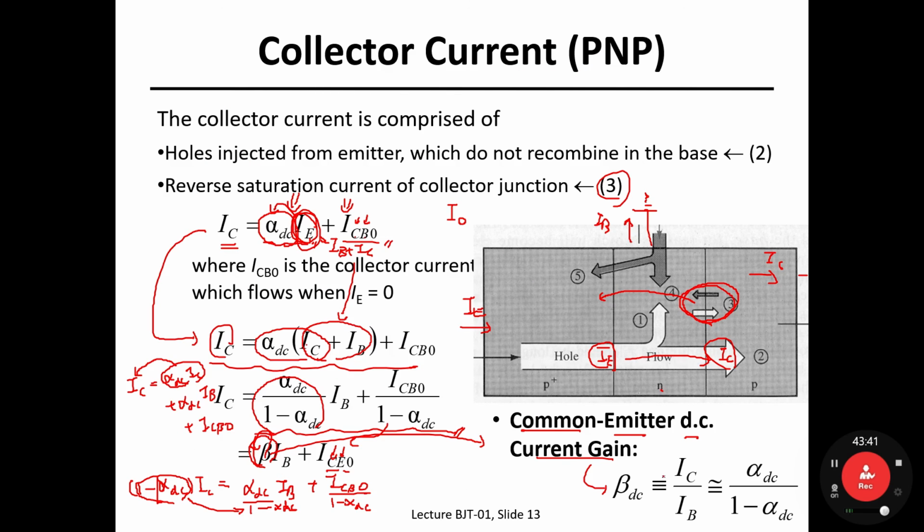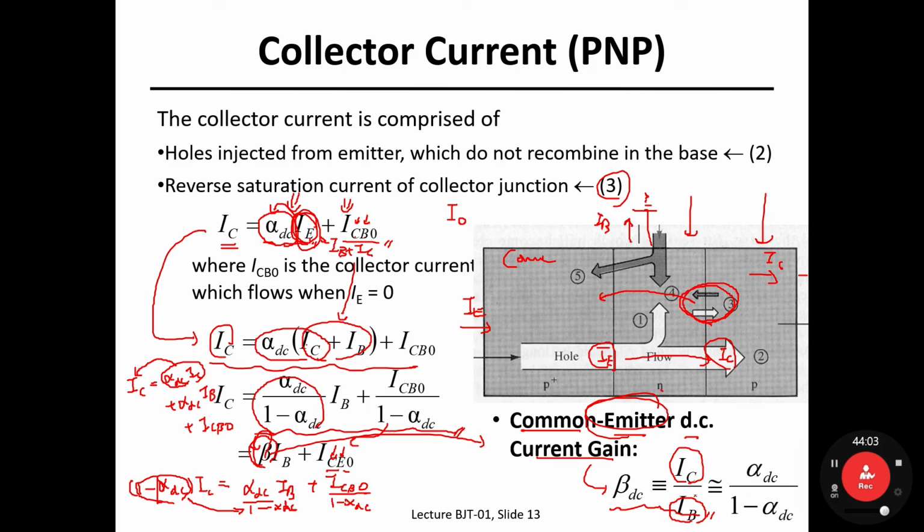Beta DC indicates a common emitter in this case. So the emitter is common, right? So beta has the input base current and the output collector current. Okay, so the definition of beta DC is very simple: IC over IB.